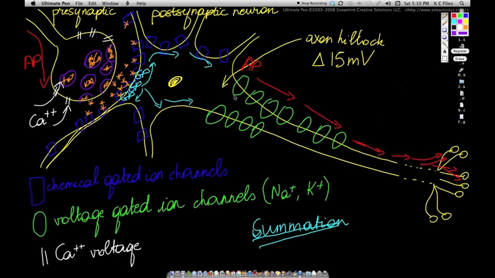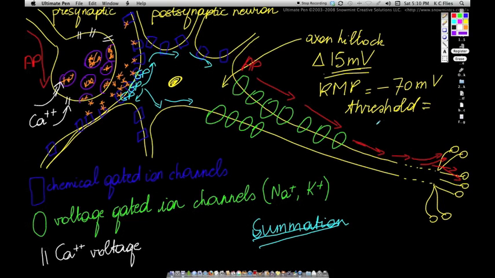If at the axon hillock these graded potentials succeed in reaching a change of about 10 to 15, but let's agree on the number 15 millivolts, and let's assume that the resting membrane potential of our neuron is minus 70 millivolts, then our threshold for our neuron is going to be right at minus 55 millivolts.